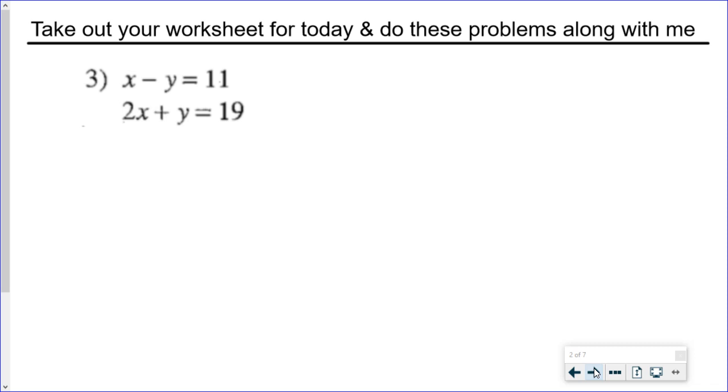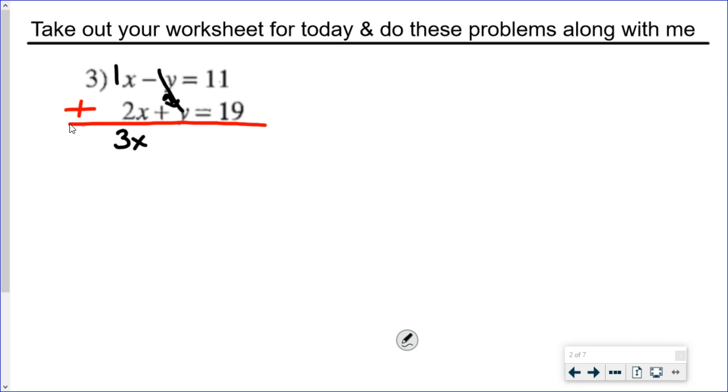Again, we're going to do elimination. And what elimination really means is you draw this line and you add down. So hopefully something cancels out. The tricky part of number 3 is how many x's do you have? Okay, so if you have 1x and 2x, that's 3 x's. Now I have a negative y and a positive y here.